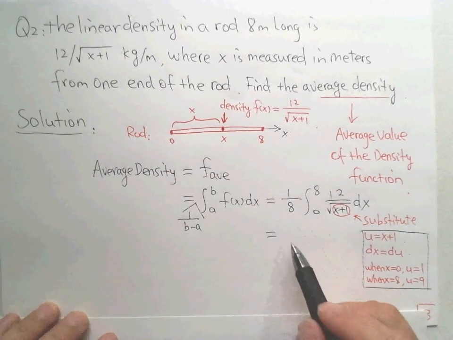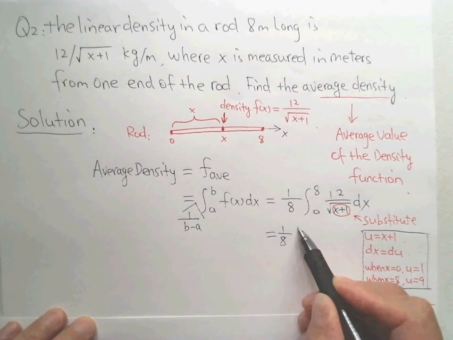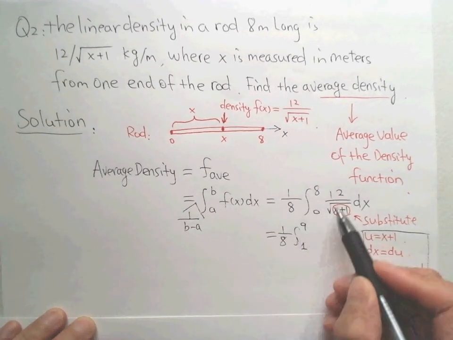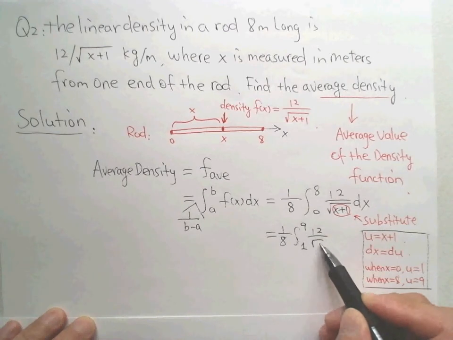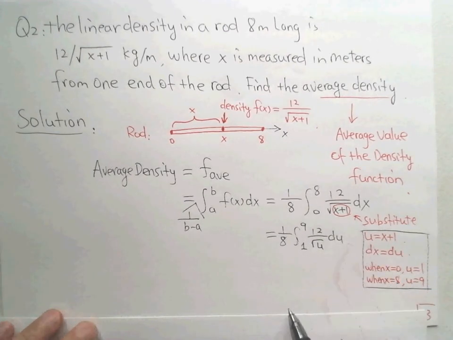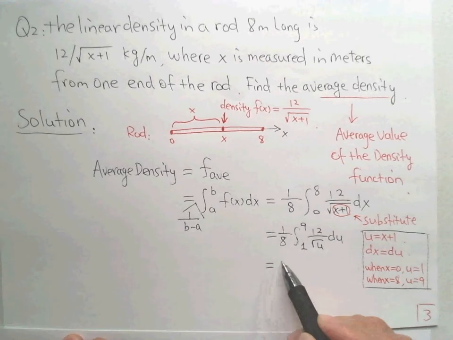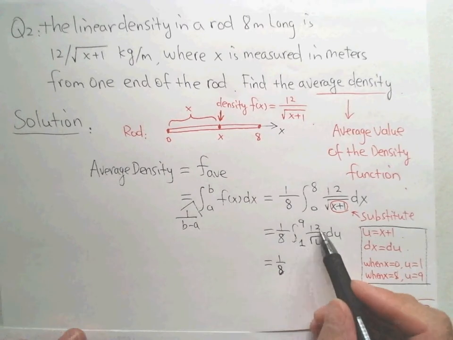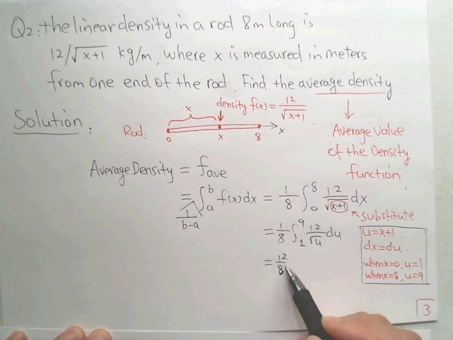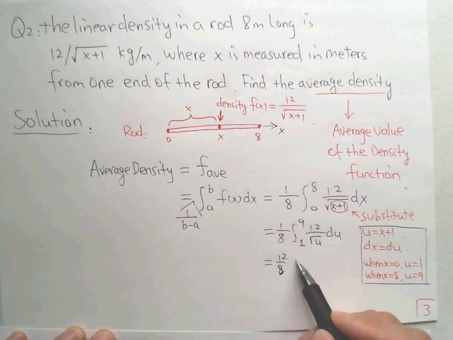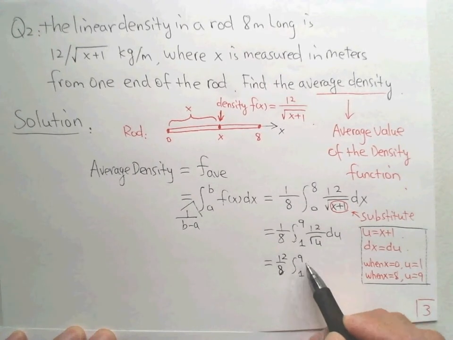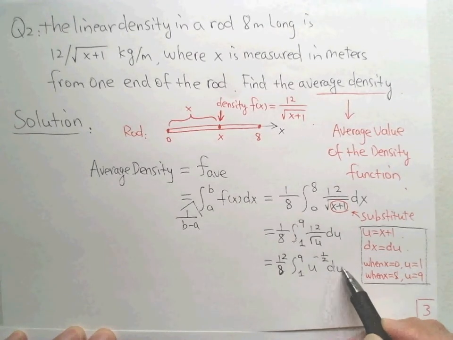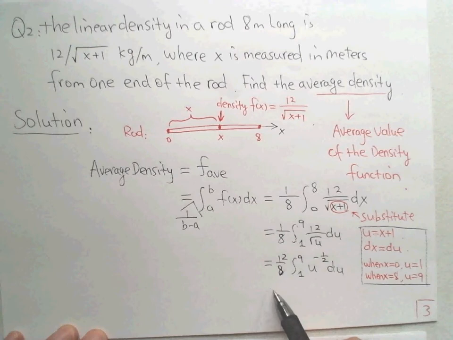Then we plug in this substitution, so we find 1/8 times the integral from 1 to 9 of 12 over the square root of u, du. This is a power function, so all we need to do is change it to a power. 12 goes here, and of course you can simplify this. Then it's the integral from 1 to 9 of u to the negative half power, du.